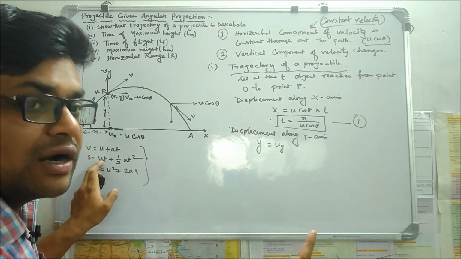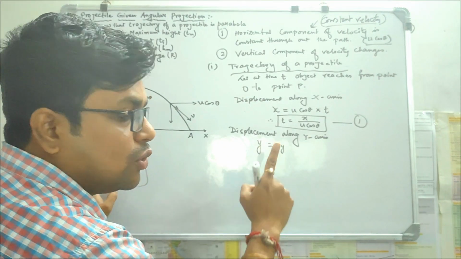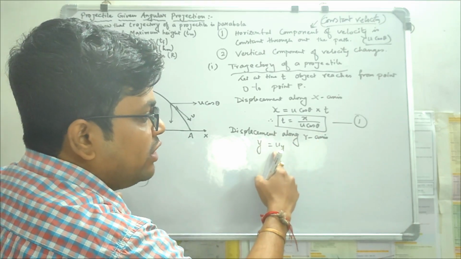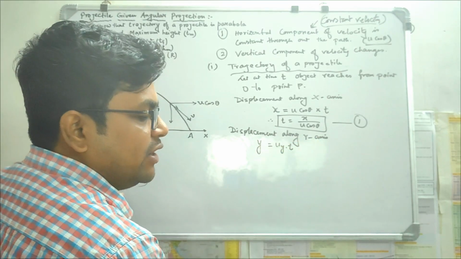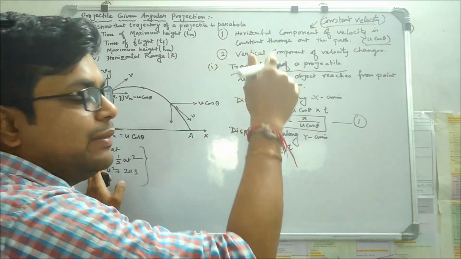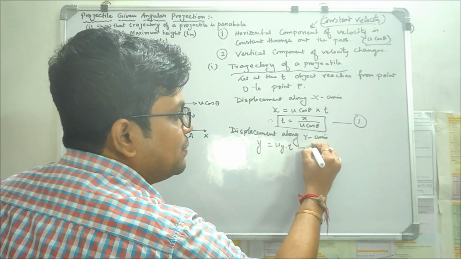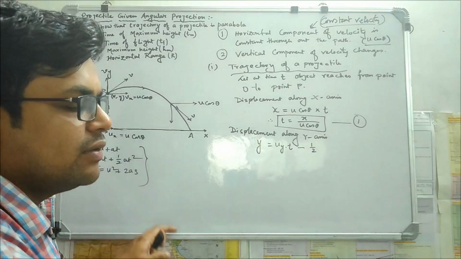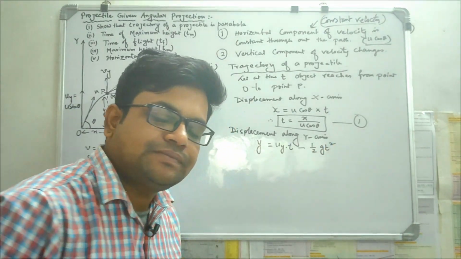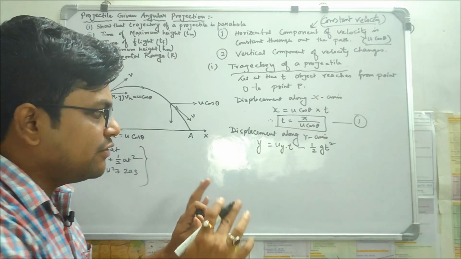U of what? Y component. You don't take the x component because you are calculating displacement along the y-axis. That's why u_y into t. Now, as the object is moving against gravity, there will be a minus sign, half at square. Instead of a, we have to write g, so half g t square. Right?